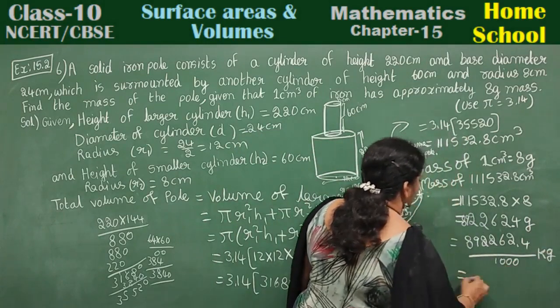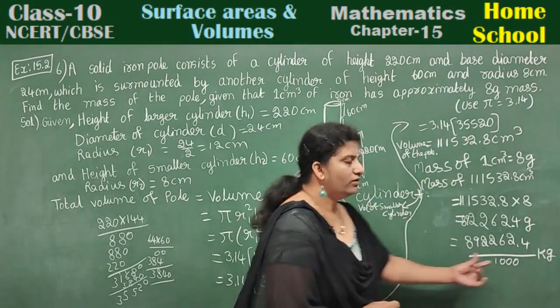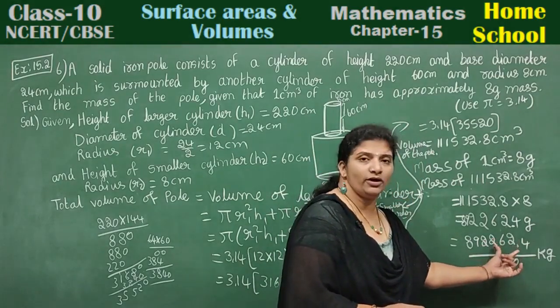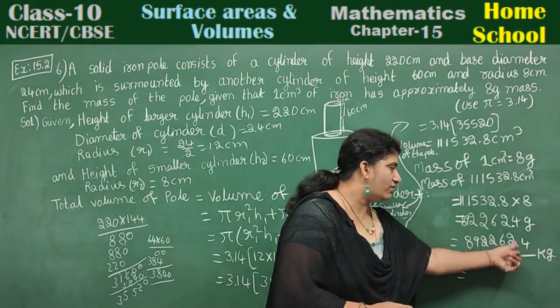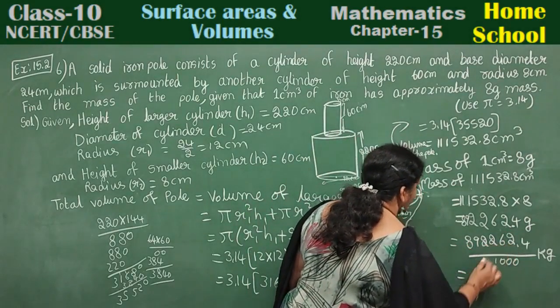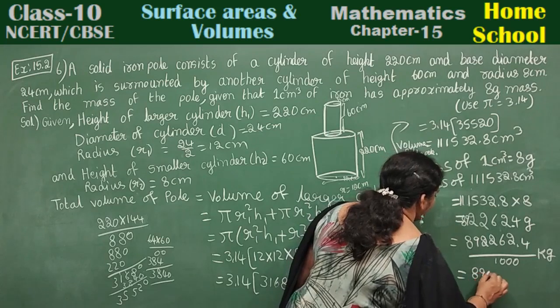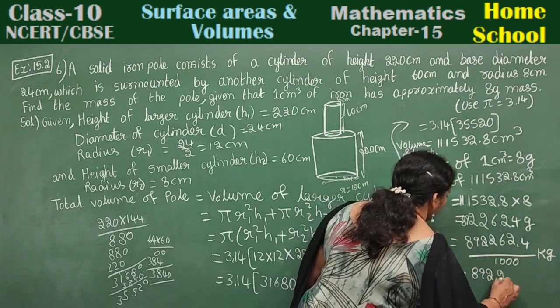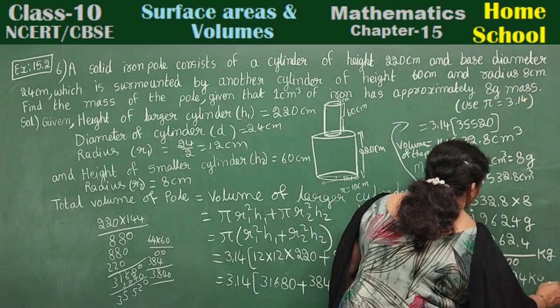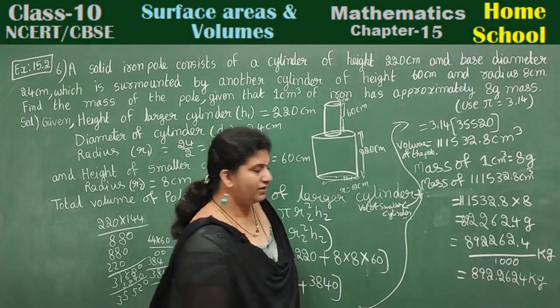Then what is the change we do here? 3 zeros. Put the decimal point after 3 digits from the right, count 1, 2, 3. That will be 892.2624 kilograms of mass.